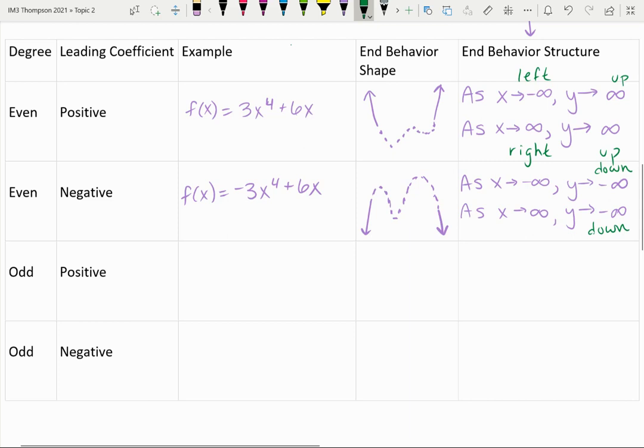All right, you got a few more slides in, and then you started talking about, okay, well, now let's look at if I have what's called an odd function, an odd polynomial function. And the example that was towards the end of your slides was 3x to the 5th plus 6x.